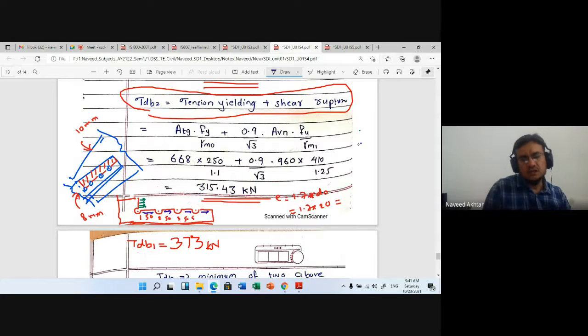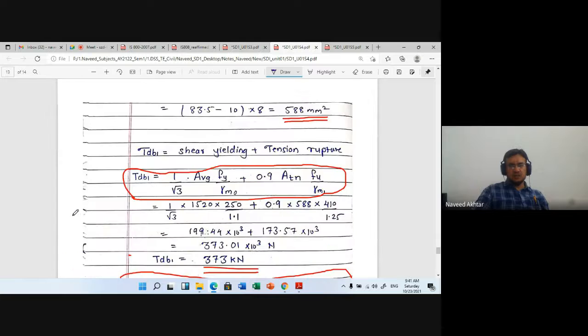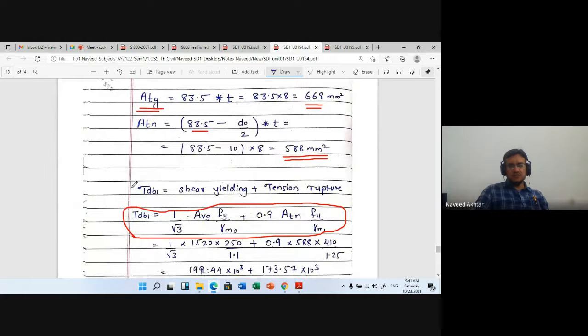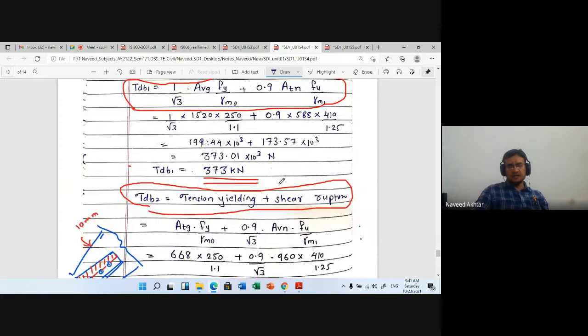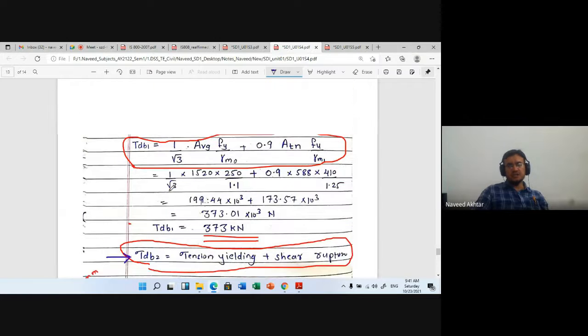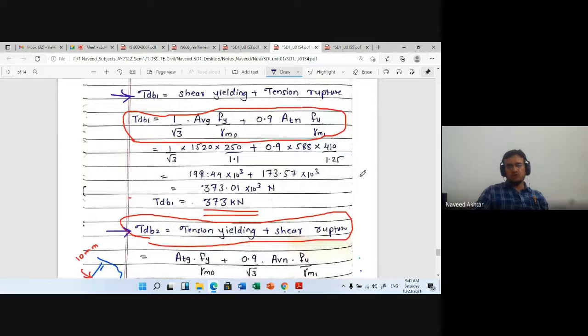So in block shear failure, both failures are there, and there are two combinations. The first one, TDB1, will be shear yielding and tension rupture, and the second combination will be tension yielding and shear rupture. If you know this terminology, you can make your own formula.